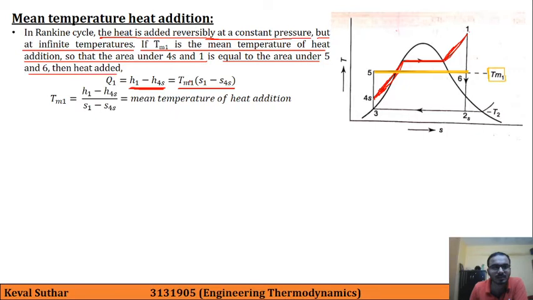And similarly here we are getting Tm1 as (H1 minus H4s) divided by (S1 minus S4s), which is equal to the mean temperature of heat addition. Now Q2 is equal to heat rejected, that is the same in both cases, that is H2s minus H3. So the heat rejection process is the same.